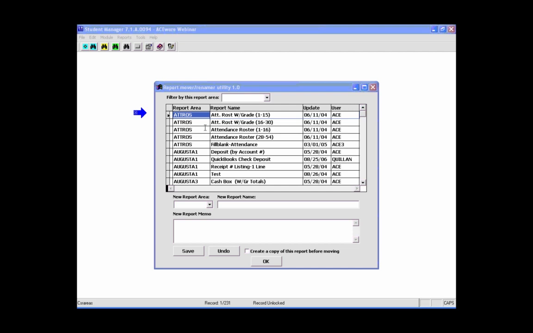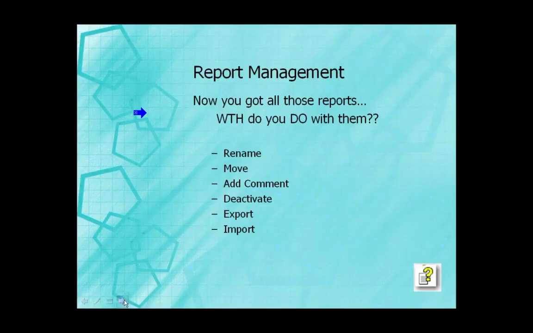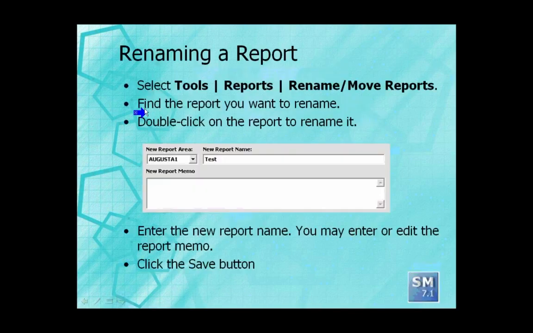So to rename reports, and actually we can kind of preview that with Lori's routine here, you find the report, double-click on the report, and you can give it a new name. From test, you can call it something else. And this, again, is where you can put in the notes. My bugaboo when you're modifying reports is make sure that you document what this report does so that in 6 months from now, you can use a keyword to perhaps search and find out where you put it.